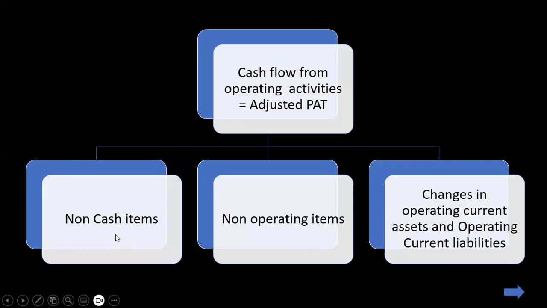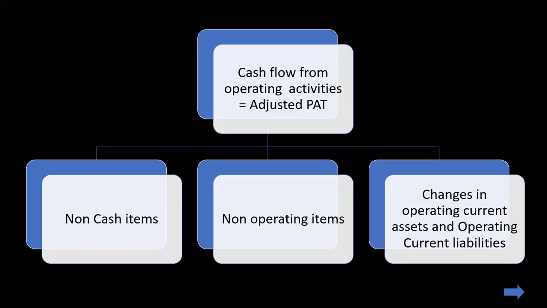The non-cash items are like depreciation, amortization. Non-operating items are interest paid, dividend received. The changes in current assets and current liabilities, or operating current assets and operating current liabilities, arise due to the accrual principle: credit sales, credit expenses, credit purchases.